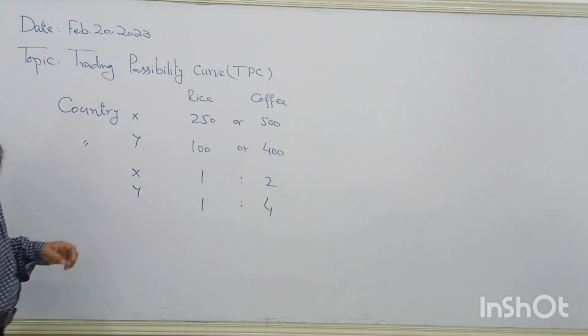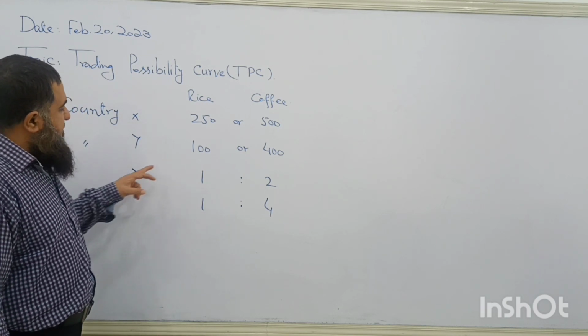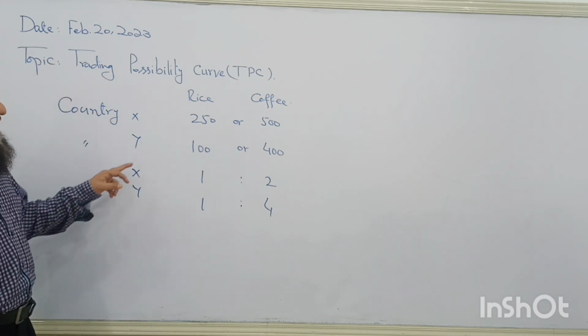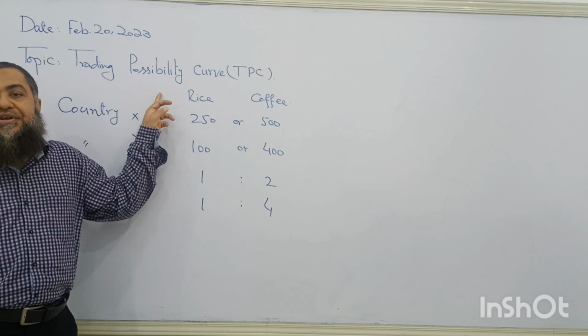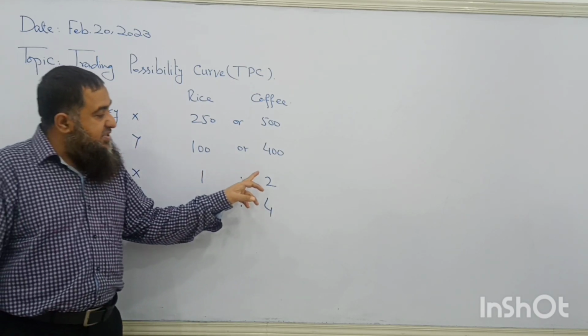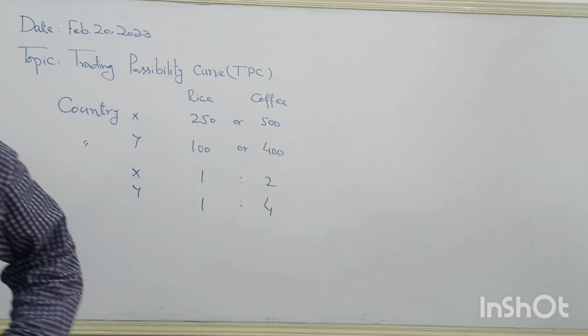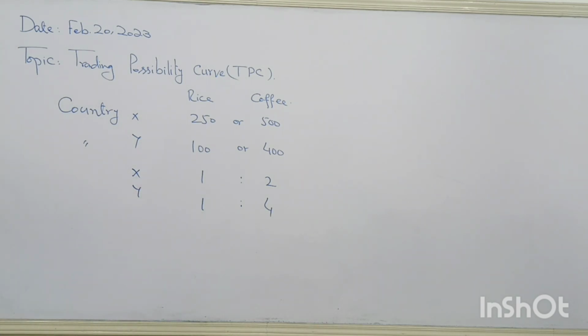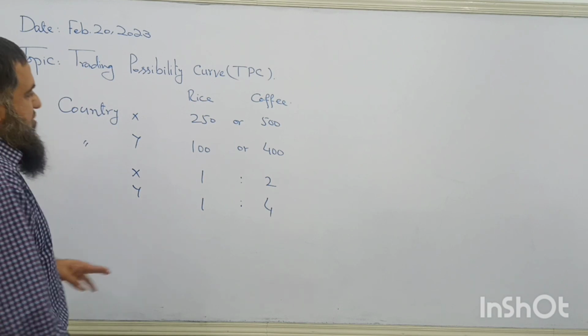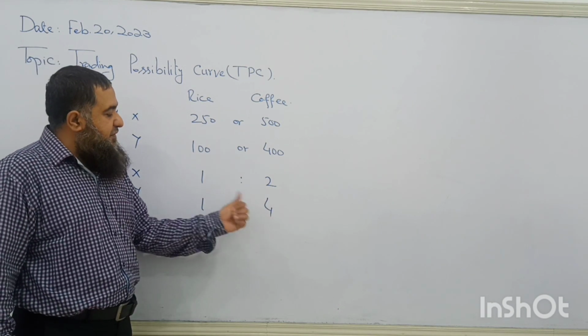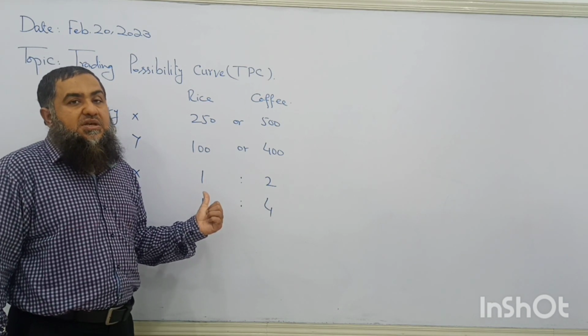In our comparative advantage theory, we define that country X has a lower opportunity cost to produce rice because by sacrificing 2 tons of coffee, it is able to produce 1 ton of rice. Whereas country Y has to give up 4 tons of coffee to produce 1 ton of rice.